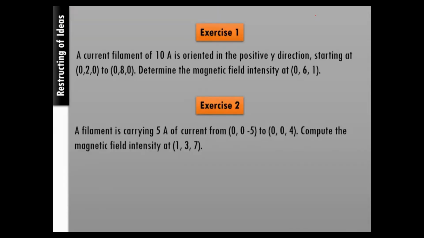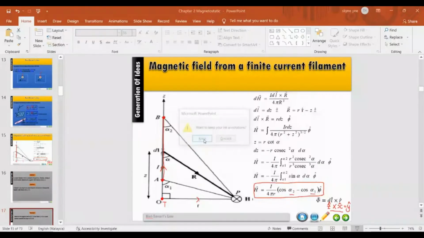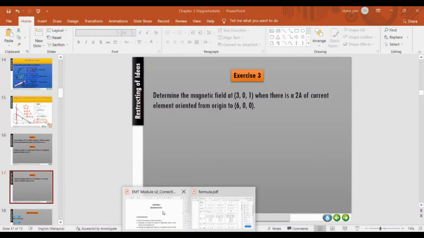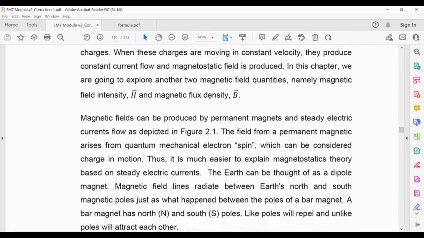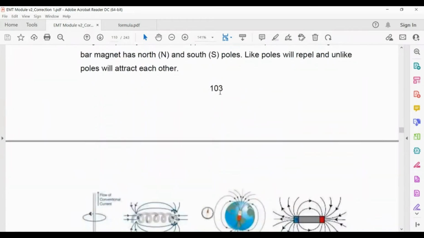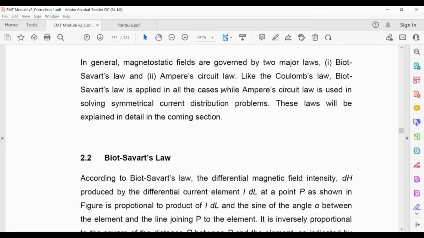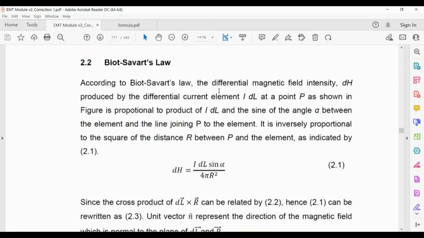We will look at one of the examples in the module. You can read through all the paragraphs in the module. This is what I have explained previously, and this is the Biot-Savart's law.